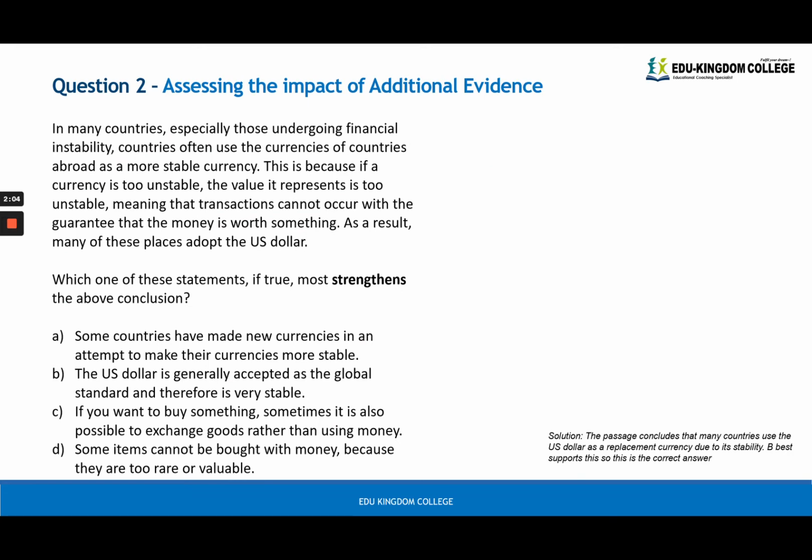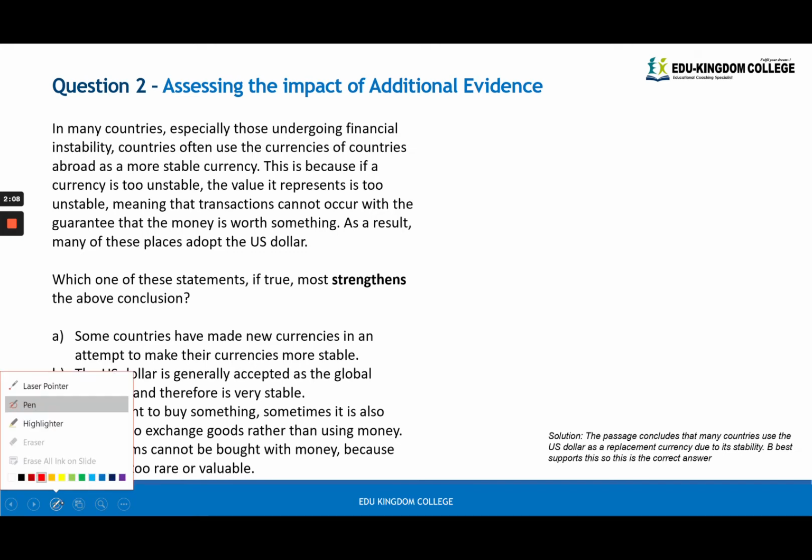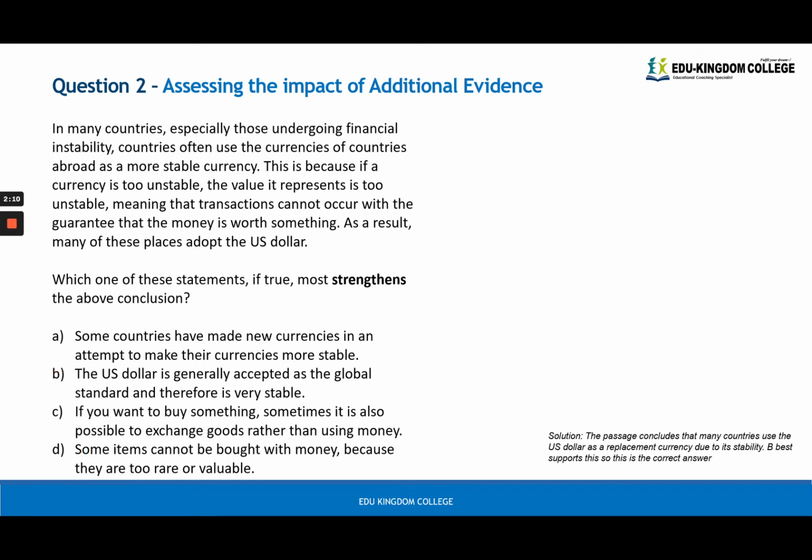Number 2, assessing the impact of additional evidence. We want to find the main conclusion in this statement. Many countries, because of financial instability, use other countries' currencies because it's more stable. If the currency is too unstable, then the value is unstable, and then transactions cannot occur, since there is no guarantee that the money is worth something.